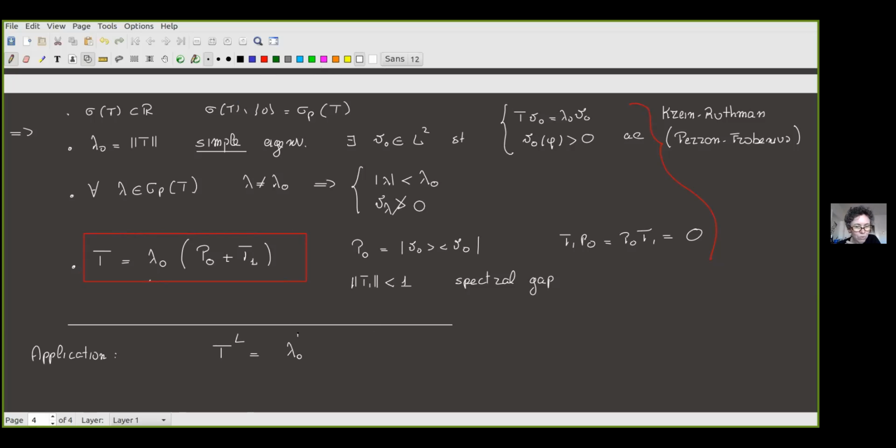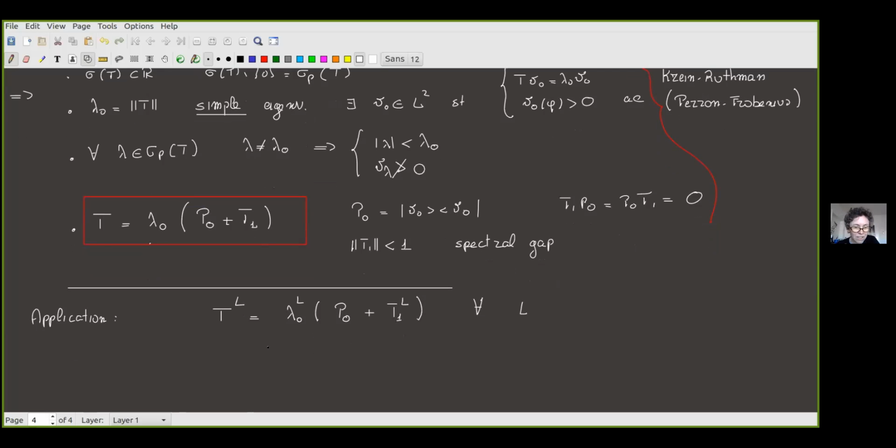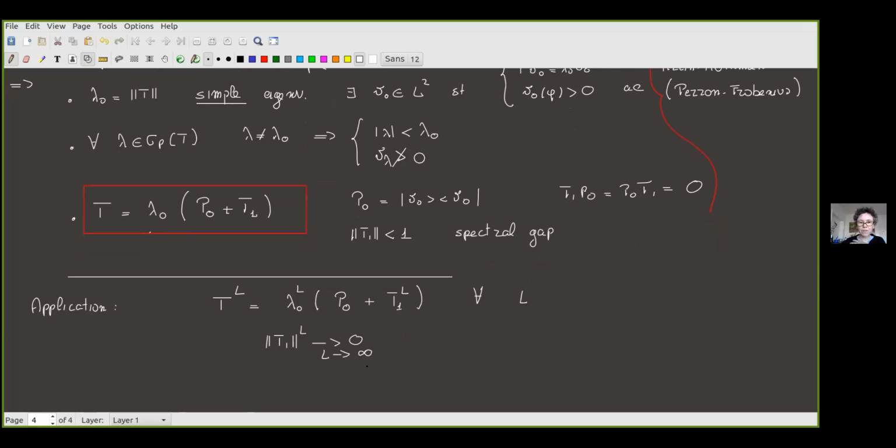We have lambda 0 to the power L. P0 is a projection, so P0 to any power is P0. P0 commutes with T1, so there is no mixed term. So the only thing that survives is T1 to the power L. And the norm of T1 to the power L converges to 0 when L goes to infinity.